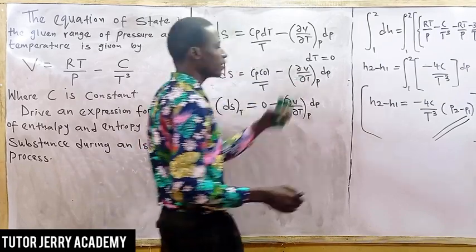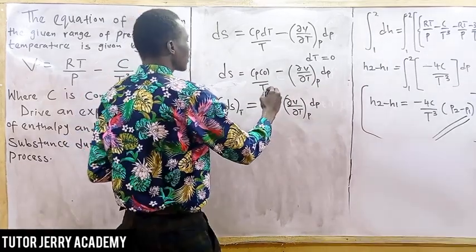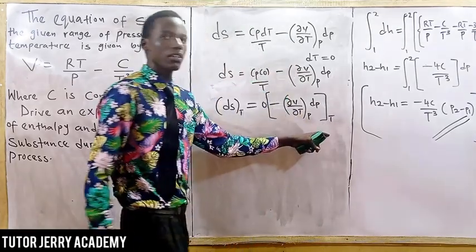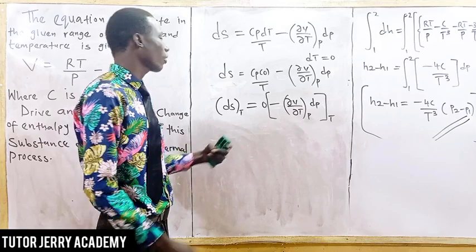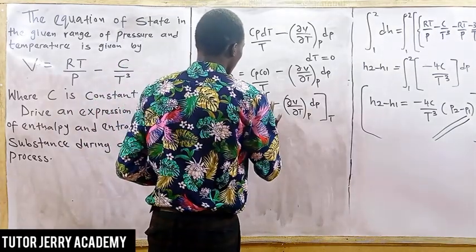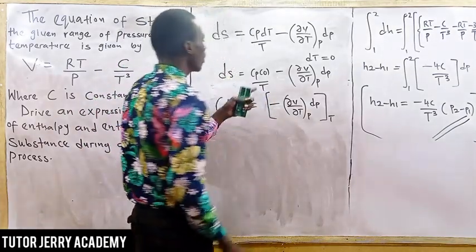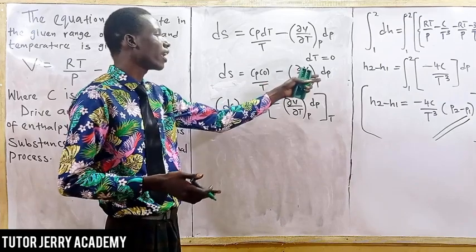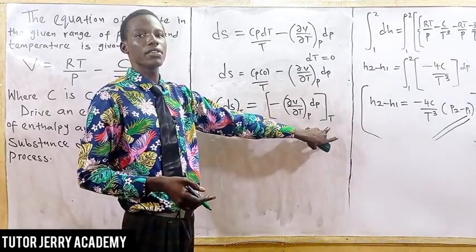Now we said dT is equal to 0, so we can indicate that T is constant. From here, we know that the first term is automatically 0. So what we have left, we are keeping T constant.